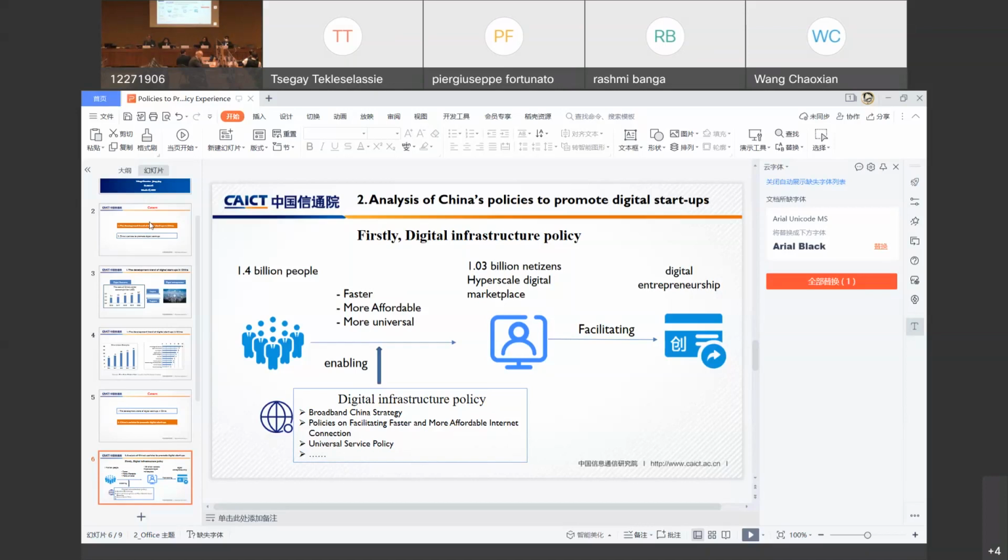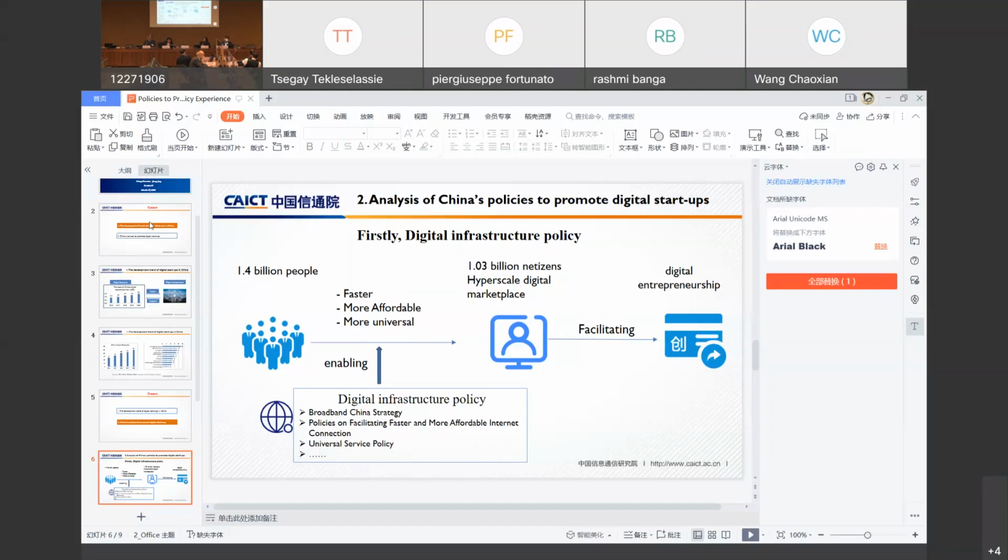Besides, China is also continuing to promote universal service, with over 99% of Chinese administrative villages connected to fiber optics and 4G by 2021, significantly narrowing the digital divide between urban and rural areas. All these policies have made the internet accessible, useful, and affordable to almost everyone in China, which transforms China's huge population into digital users and creates a hyper-scale digital market.